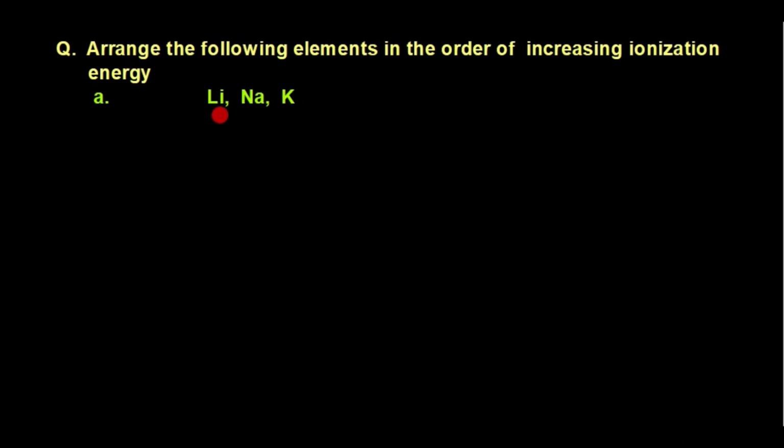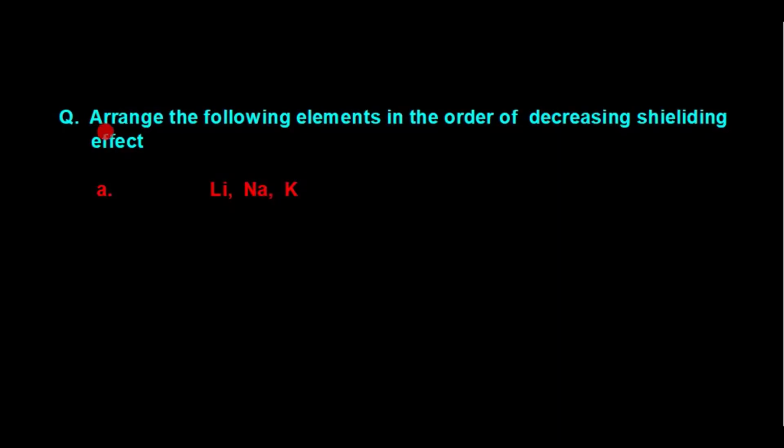So the increasing order of ionization energy values for these elements will be arranged like this: potassium, then sodium, then lithium. Lithium has the greatest ionization energy. I hope this is clear.